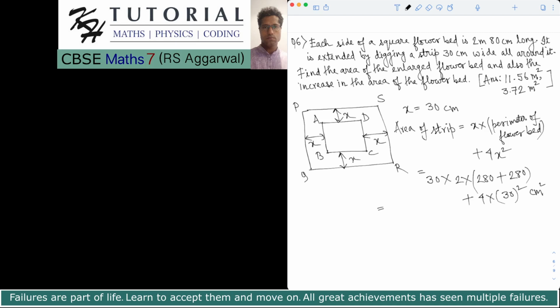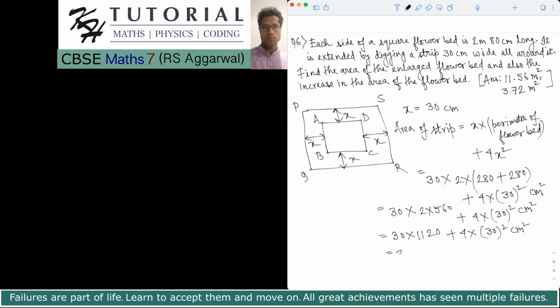Okay, so this is equal to 30 multiplied by 2 multiplied by 560 plus 4 multiplied by 30 square centimeter square. So this is equal to 30 multiplied by 560 multiplied by 2 is 1120 plus 4 multiplied by 30 square centimeter square.